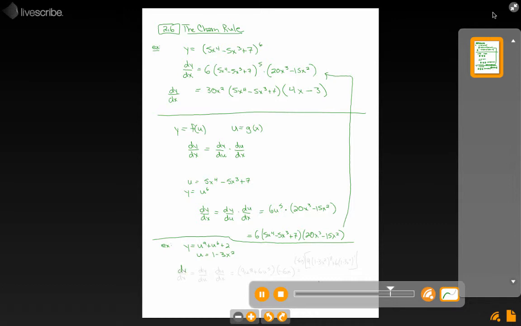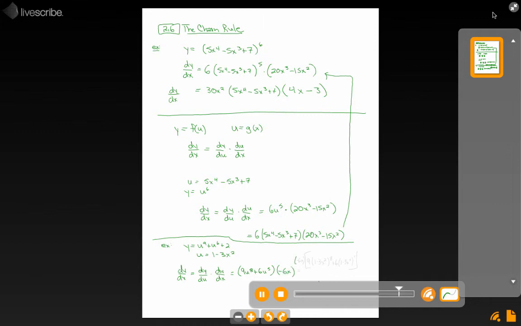But basically, dy/dx is going to equal dy/du times du/dx. So we've got 9u^8 + 6u^5 times the derivative of the bottom thing, which is -6x.